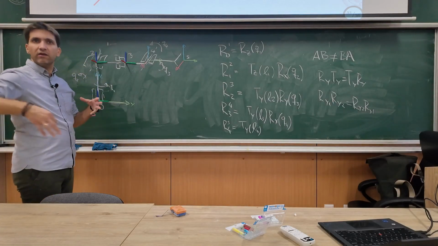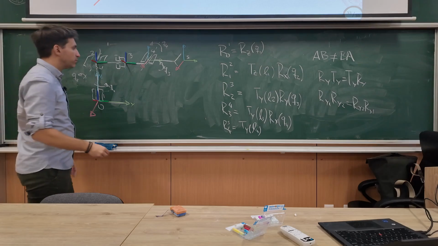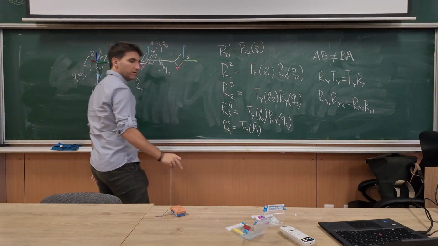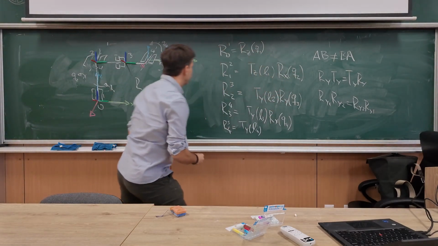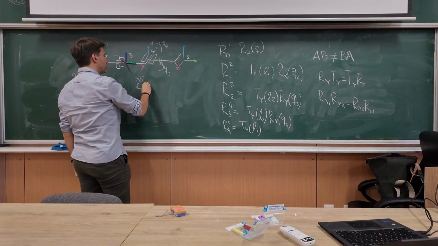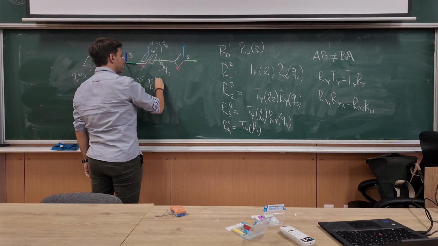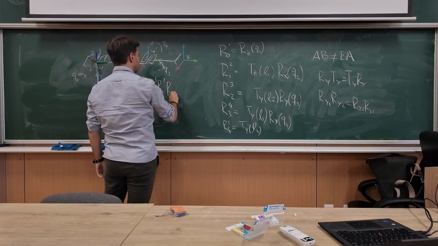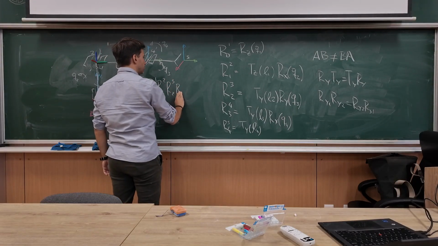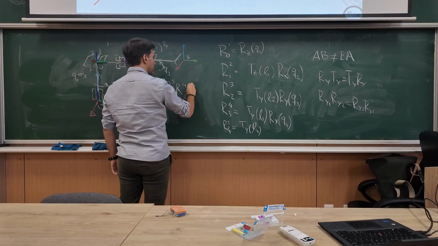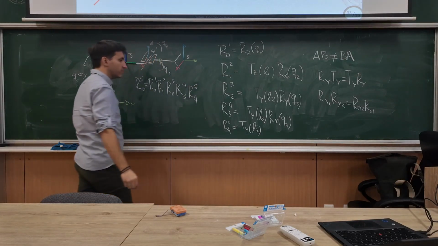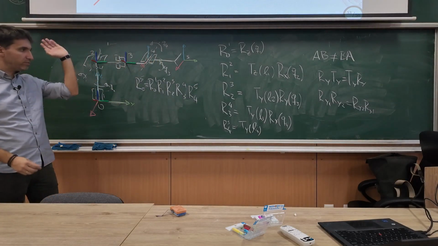When I try to calculate the forward kinematics, what will I do? It will be R05: R01, R12, R23, R34, R45. Multiply everything together.